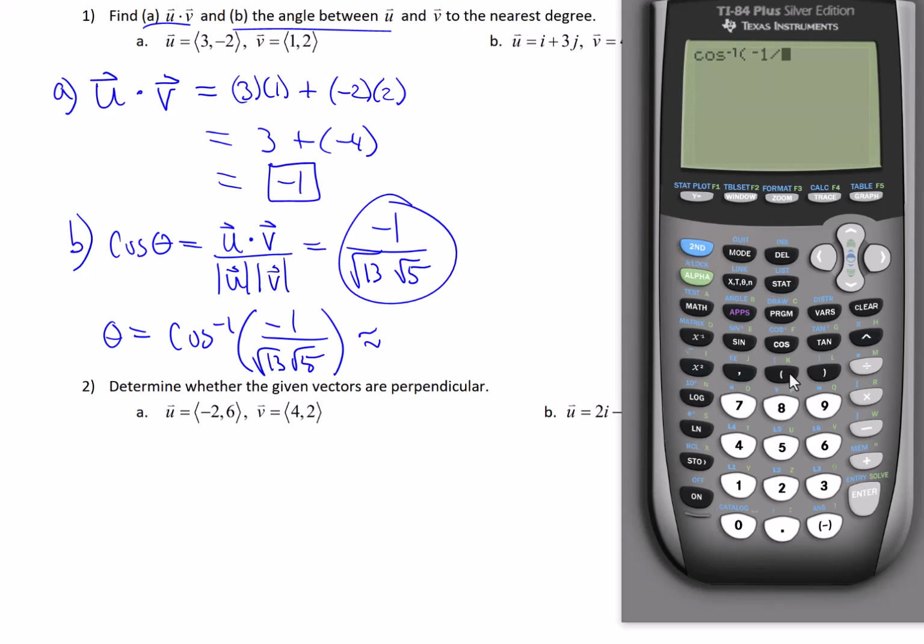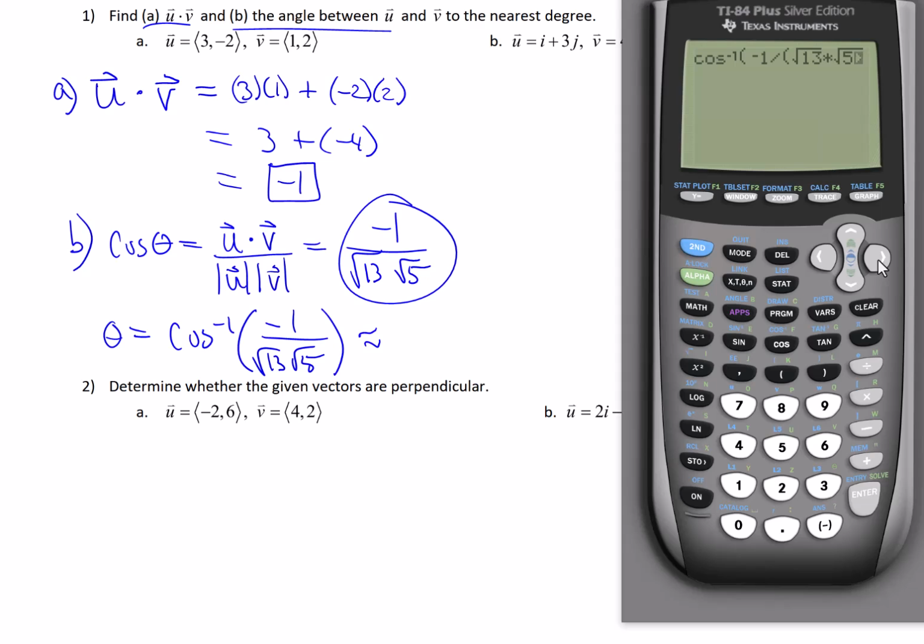Now remember, with these graphing calculators, you'll want to keep the entire denominator in its own set of parentheses because it has more than one piece. So I'm going to now open up a set of parentheses for the denominator, which contain second and then square root of 13. And then I'll move out of that square root and then multiply by, so times. And then I want second, another square root, this time 5.